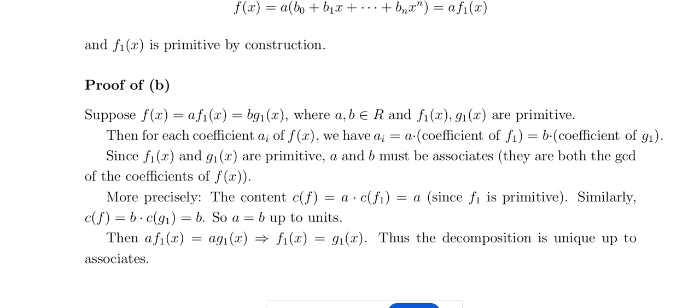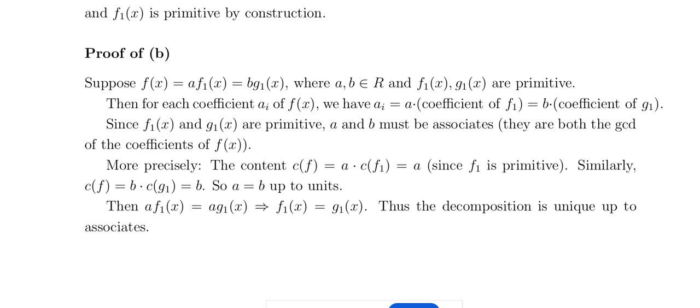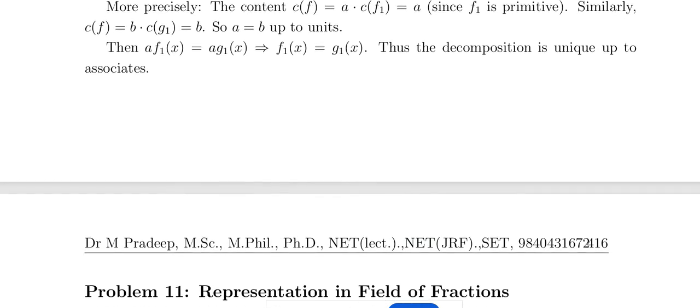So the content of f is a, content of f1 is 1, because f1 is primitive. Similarly, the content is b, so a must equal b up to units. Therefore a f1 of x and a g1 of x are both equal. That means f1 of x equals g1 of x. So the decomposition is unique, unique up to associates.